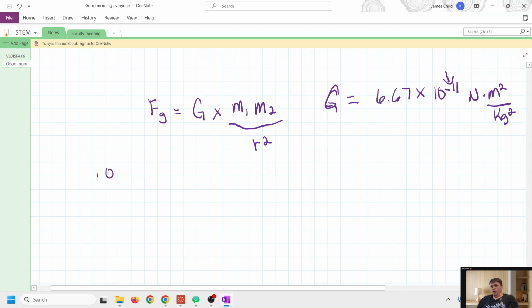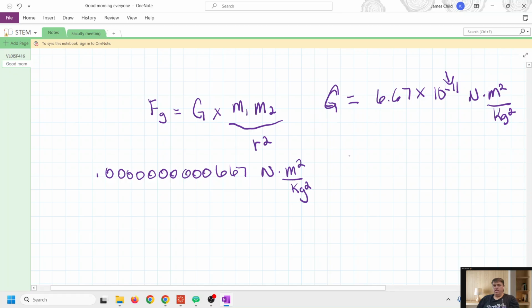So I'm going to go 1, 2, 3, 4, 5, 6, 7, 8, 9, 10, 6, 6, 7 newtons times meters squared over kilograms squared. Okay, look how small that number is. So I could have a really big number here, and because I multiply it by this really small number, it doesn't mean much, right?